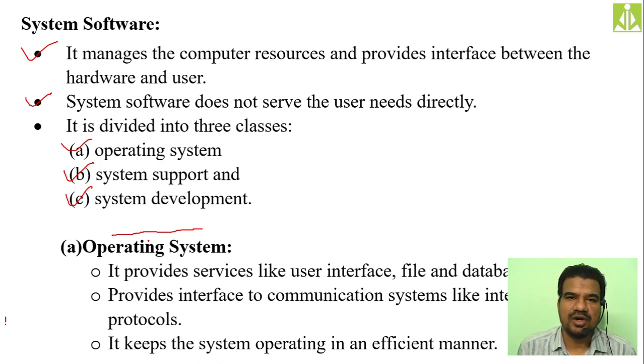If you are dealing with a Windows computer, Microsoft Windows is the example. If you are going for Linux, Linux is the example. We have Mac OS on Apple computers, and iOS on your Apple mobile phones. In your Android mobiles, such as Samsung mobiles, Android is the operating system.